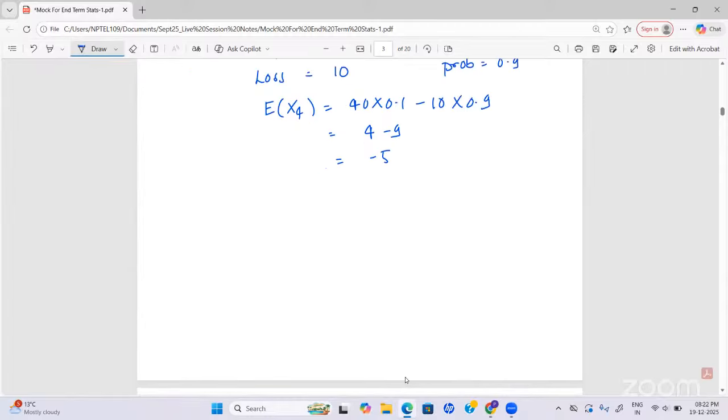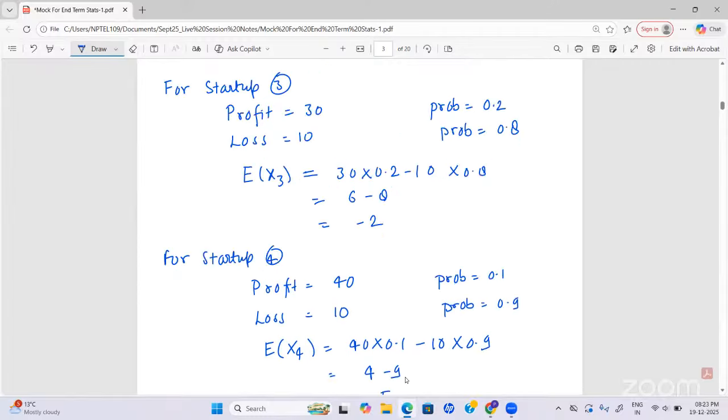So now we have to find the total expected profit. So we'll add all the values, right? Yes. Okay. Now just put all the values.